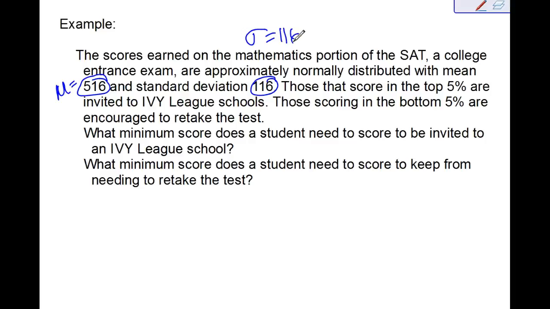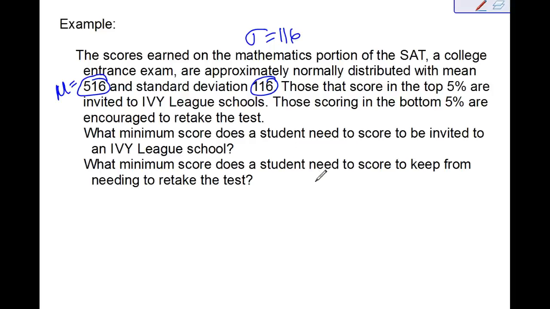Those that score in the top 5% are invited to Ivy League schools. Those scoring in the bottom 5% are encouraged to retake the test. What minimum score does a student need to score to be invited to an Ivy League school? And what minimum score does a student need to score to keep from needing to retake the test?